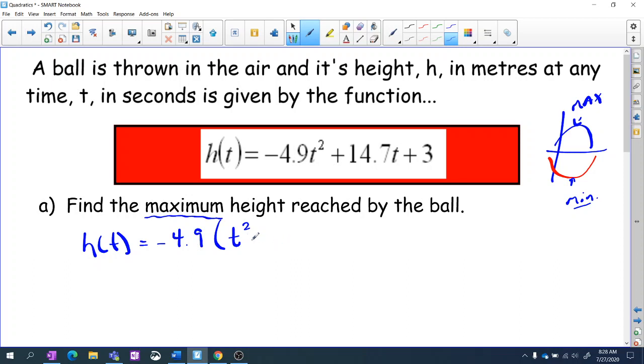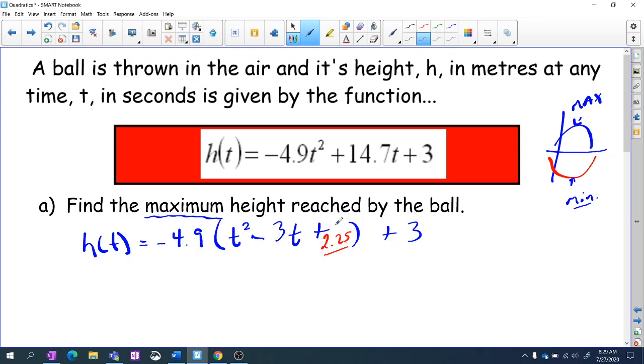So this is going to give me, subtract 3t plus 3. Now in this example, there's decimals in the original function, so rather than go to fractions, we probably will go to decimals here. So we're going to take half of 3, which is 1.5, and we're going to square it. So 1.5 squared is 2.25.